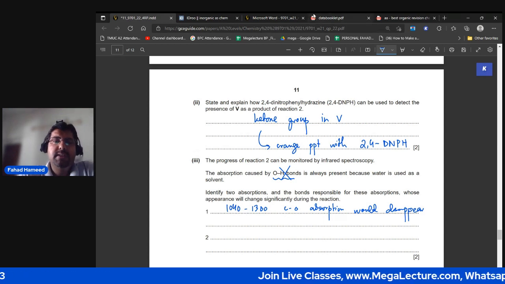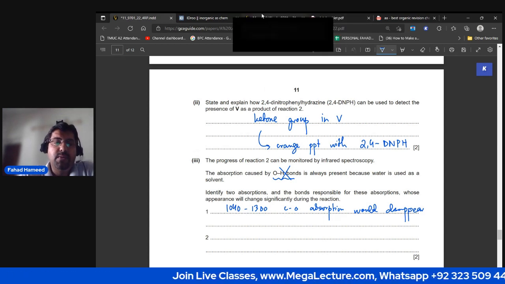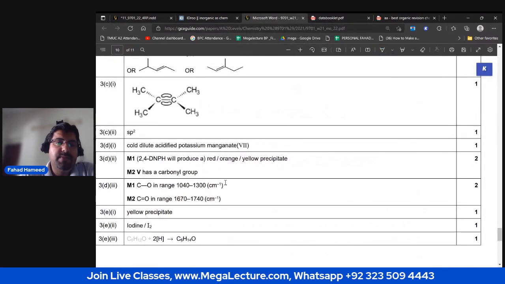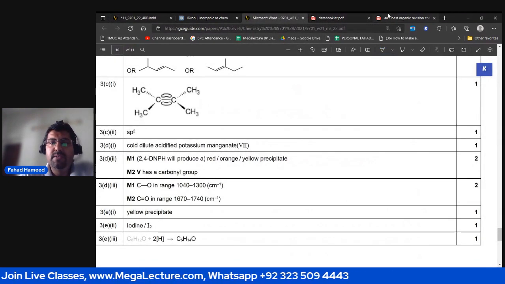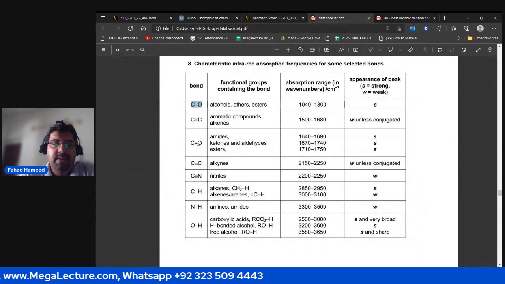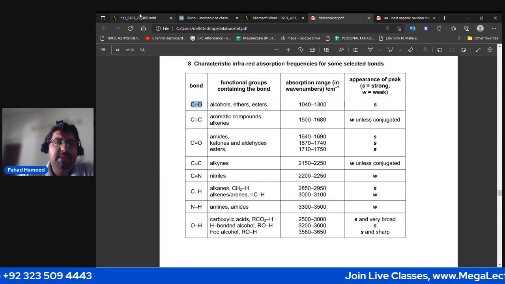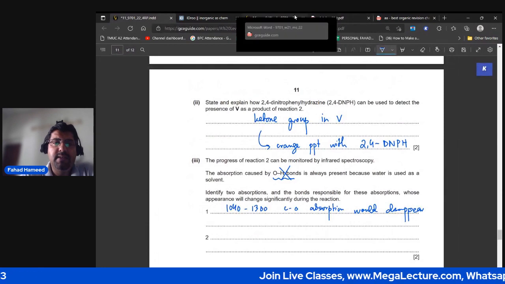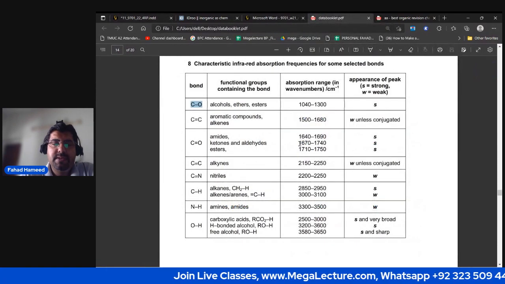And the other one, what will appear, is the C=O. It's a ketone one. So where's the data booklet? The ketone is 1670 to 1740. You have to be very specific. Let me just open that again. So it's this one.